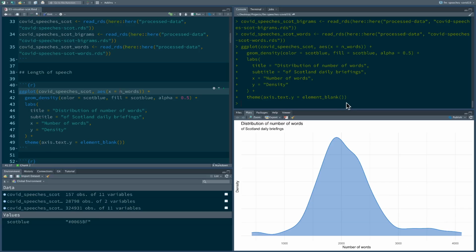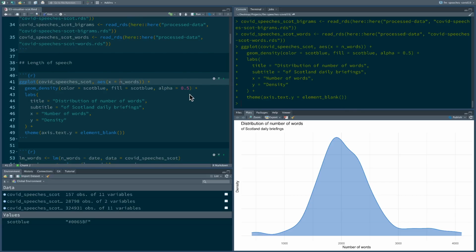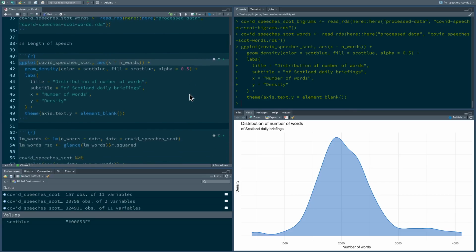So on average, we have 2,000 words spoken in each of these speeches, which maybe makes sense in terms of the length. I feel like she talks for maybe about 15 minutes or so before there are questions. The distribution looks pretty symmetric. We do have a long tail.